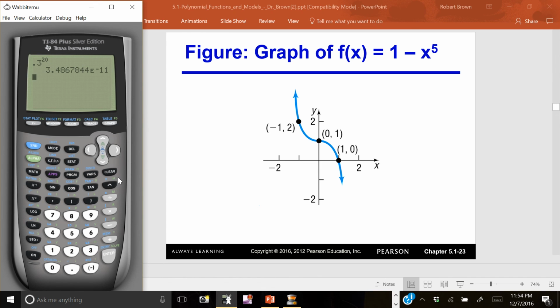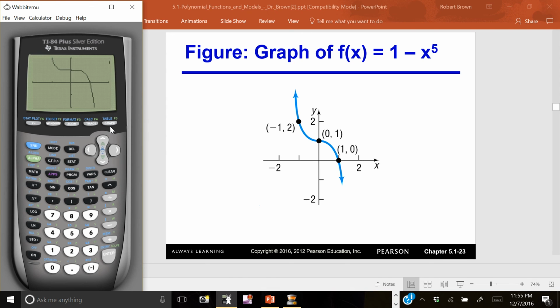Let's turn this one on, clear, hit y equal, and then insert the graph 1 minus x to the fifth power, and let's set up the window to equal the window we see on the result here, minus 2 to plus 2 for x min and x max, and minus 2 to plus 2 for y min and y max, and hit graph.